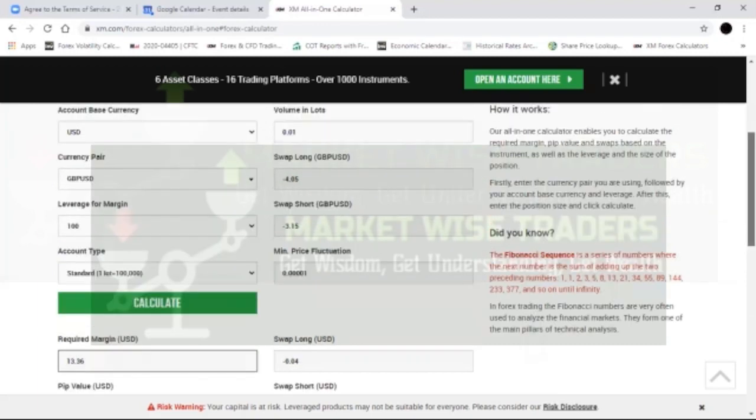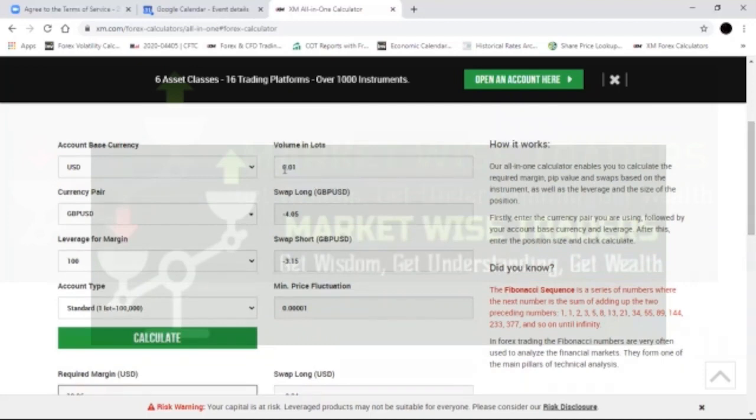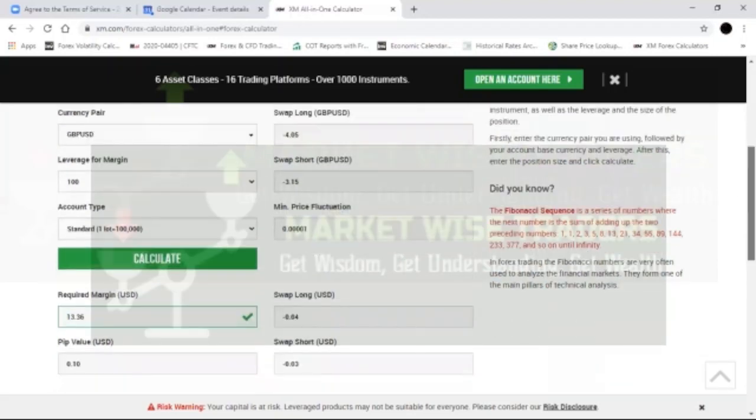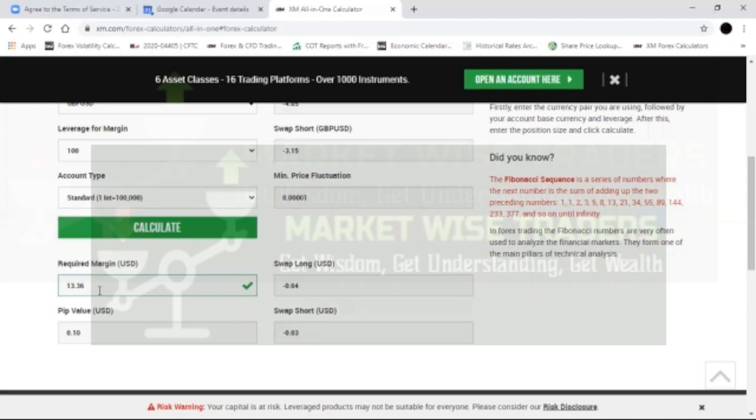So to trade a micro lot size 0.01 of pound US dollar at a leverage of 100 to 1, they will want you to have $13.36 in your account. Okay, you understand that? You get that, sir? Yeah. So meaning that this is your 100% margin level.